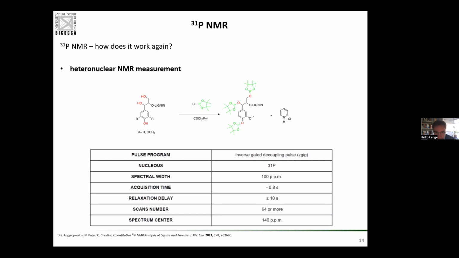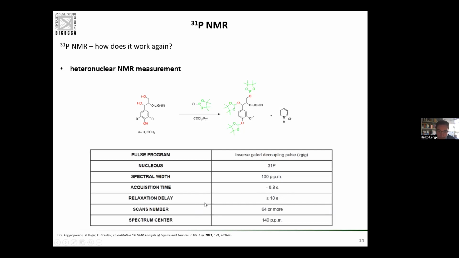I need to do this inverse gated in order to make sure that I do not over or underestimate some of the responses during the NMR acquisition of the phosphorus, because obviously when I do the standard NMR technique, this phosphorus here feels the other nuclei in its surrounding, and they feed back eventually magnetization effects, and we have to get rid of those artificial differences. Or we have to eliminate these differences in a way that we do not have artificial over or underestimation of the abundance later in the spectrum.